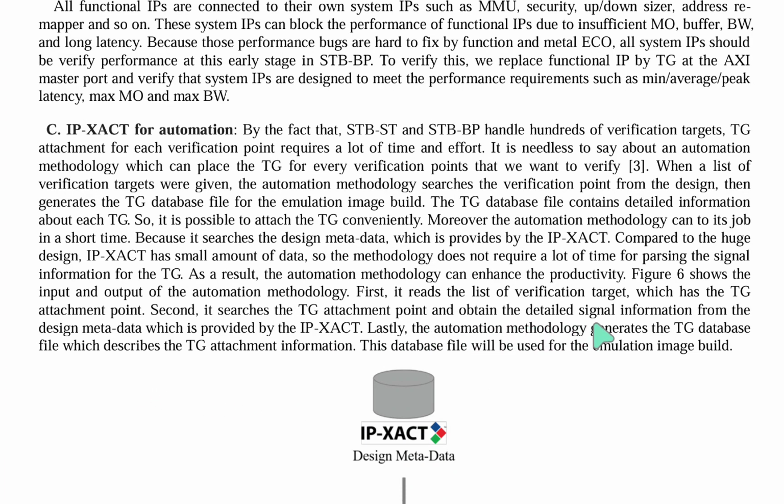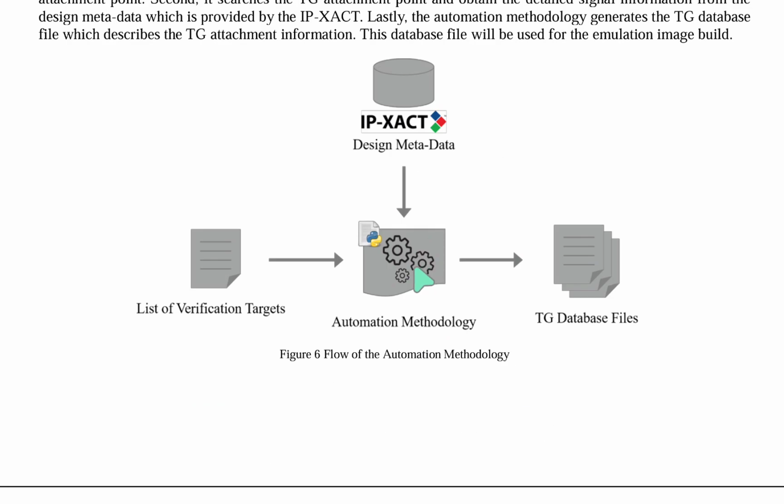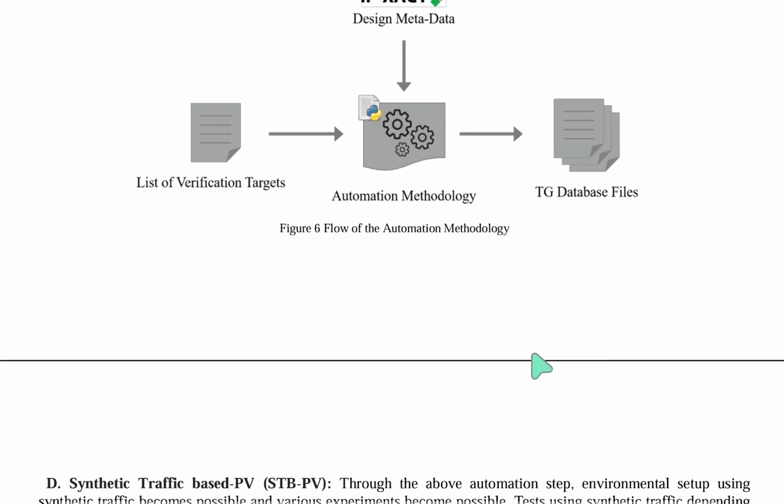Lastly, the automation methodology generates a TG database file which describes the TG attachment information. This database file will be used for the emulation image build. So this is the flow of the automation methodology in Figure 6.